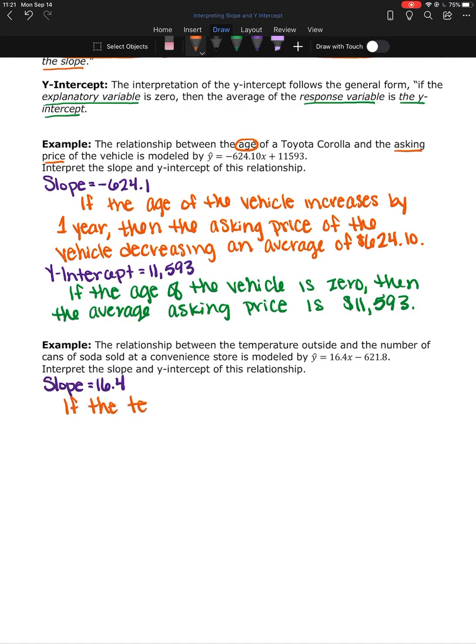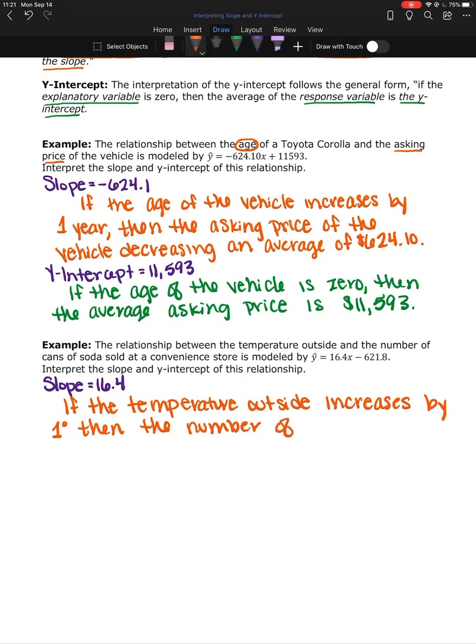So the interpretation for that would be: if the temperature outside, because that's our explanatory variable, increases by 1 degree, then the number of cans sold increases, because it's a positive slope, an average of 16.4 cans.